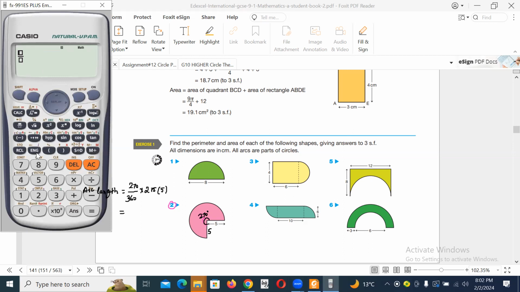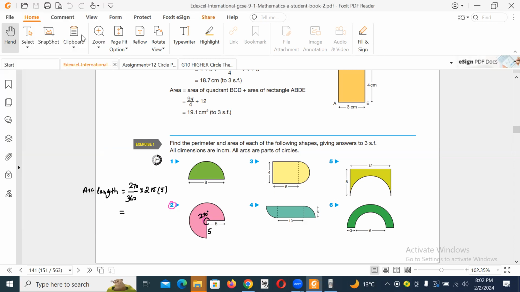I'm getting 270 divide 360 multiply 2 shift pi multiply 5. I'm getting the answer 23.6, okay? 23.6 centimeter, but this is not the full perimeter.